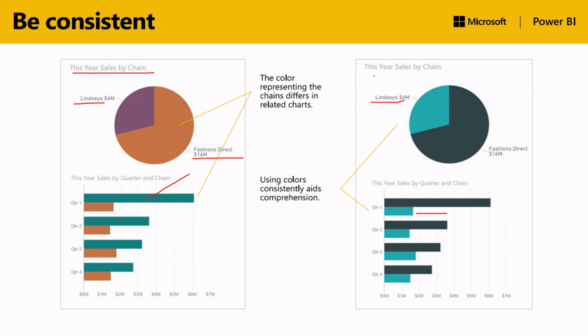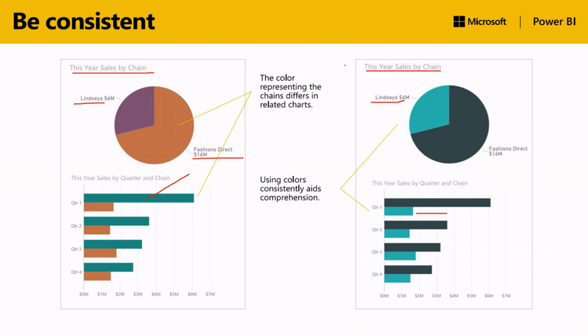Even if you are using an underline in your title, let's say a 1 pixel line in a particular area, then make sure in the rest of the charts you are using the same formatting, the same weight of that line.